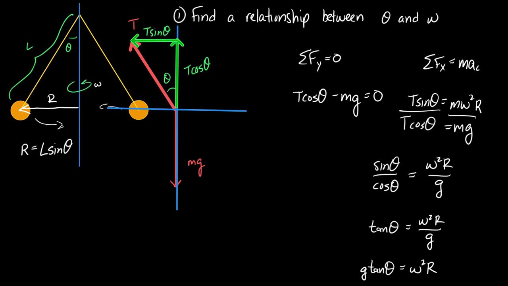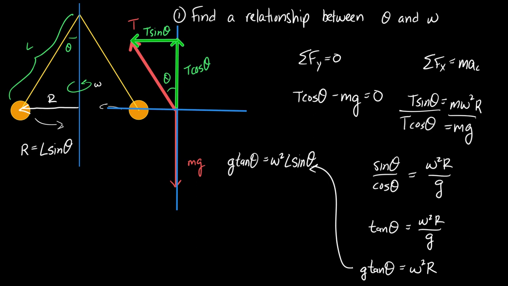So let's take this over here, and I'll have g tan theta equals omega squared L sine theta. Kind of wish I hadn't made tangent theta. Wish I had left it as sine over cosine, because the sines would cancel.